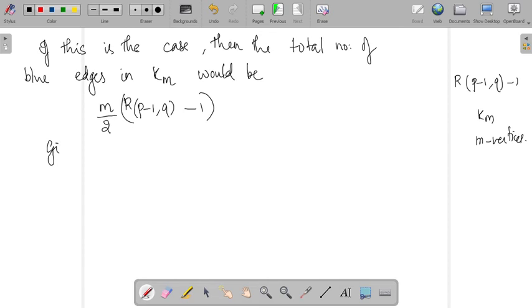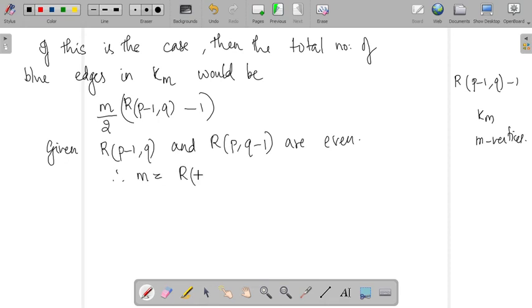Now let us use the given condition. We are given that R of P minus 1 Q and R of P Q minus 1 are even. So we have taken m as R of P minus 1 Q plus R of P Q minus 1 minus 1. So m equals this. These two are even, so minus 1, this is going to be an odd number.